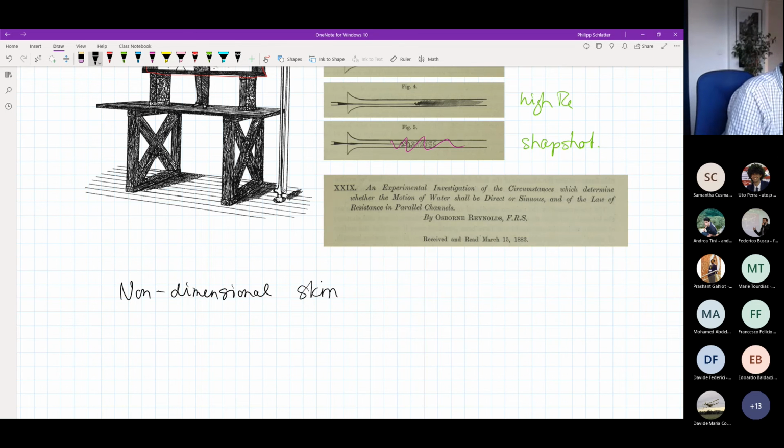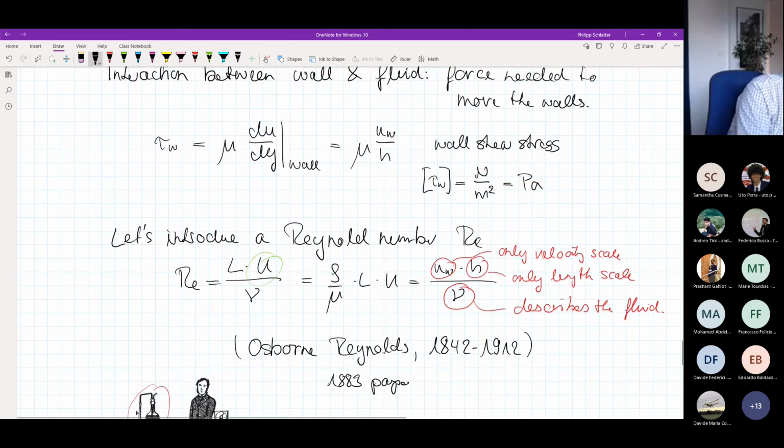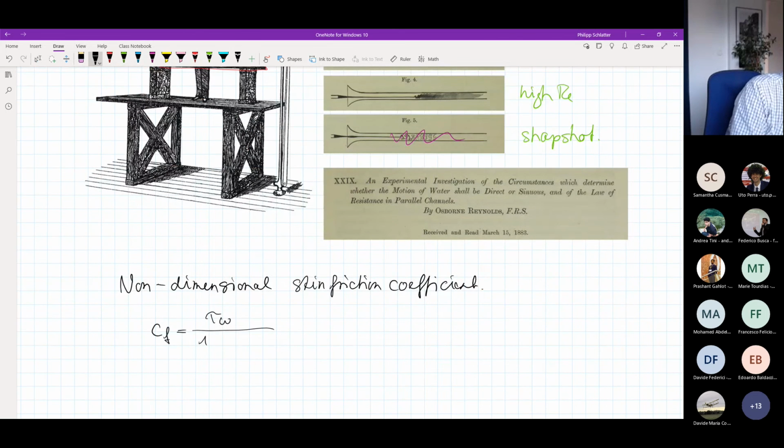Skin friction coefficient. Well, that is something that you probably know. This is called CF. That's just a non-dimensional skin friction. So we take our skin friction that we have defined up here. We realize that this has the unit of a stress, so we need to divide it by something that also has the unit of a stress.